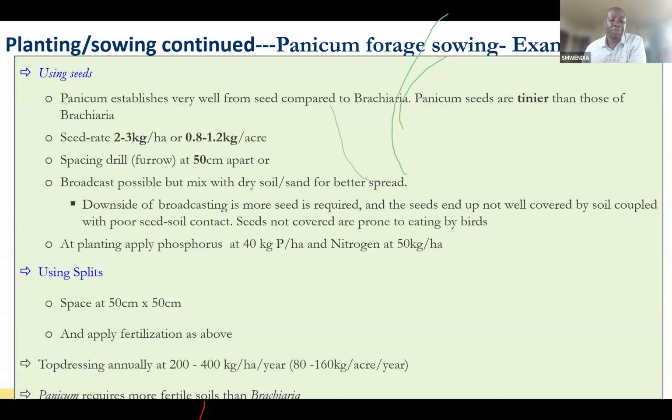And so therefore top dressing annually between 200 to 400 kilos per year, or about 80 to 160 per acre per year, is meaningful to allow proper establishment that lasts over years, and also make sure that every crop, every harvest, you have a substantial amount of yield per unit area.